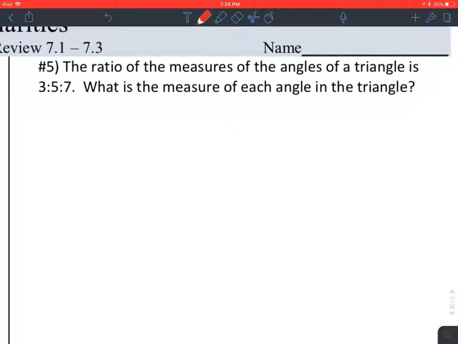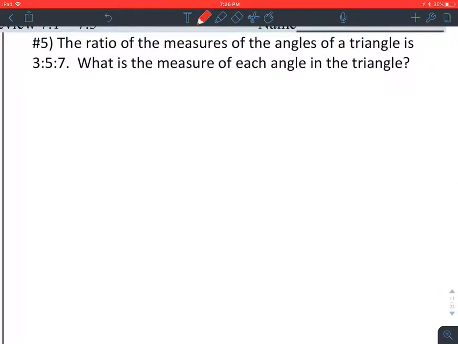Number 3, scratch that. Number 5, the ratio of the measures of the angles in a triangle is 3 to 5 to 7. So I don't know what these measures are, but I know the relationship between them. Like if they were 3, 5, and 7, that's cool, but that doesn't add to 180.